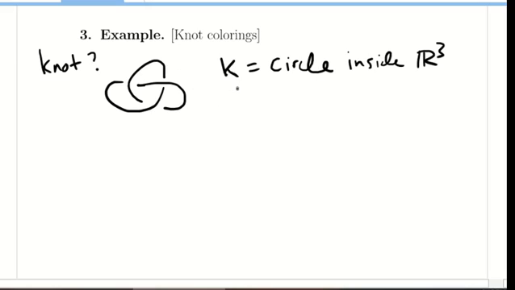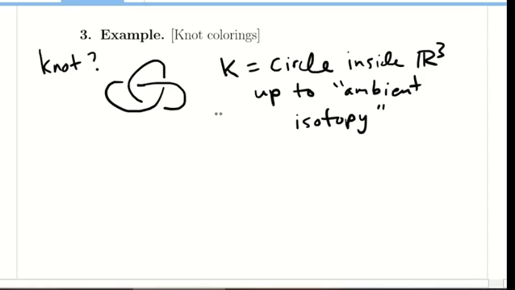And we think of them up to something called ambient isotopy. Think of the knot as actually being a shoelace that you tie in a knot and then fuse the ends together.